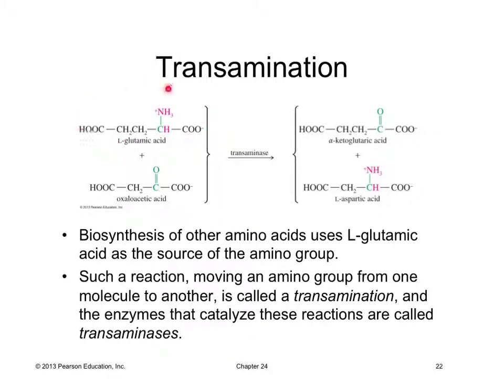Transamination: you can take the amine and transfer it to oxaloacetic acid to generate L-aspartic acid and alpha-ketoglutaric acid. This is done by an enzyme, and this process is called transamination.